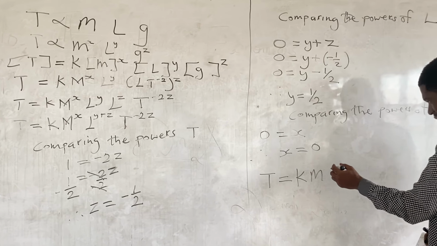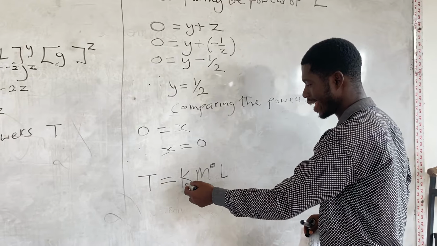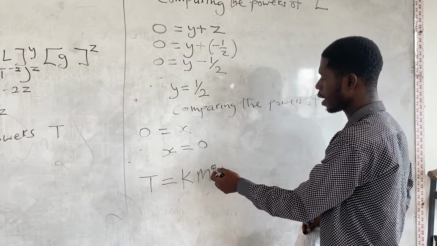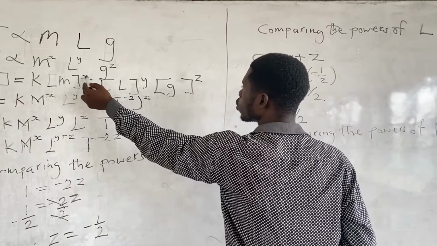Then L, we have L. T is equal to K, M, for the M, the power of M is X, and X is equal to 0. We are using this one. So M to the power 0.